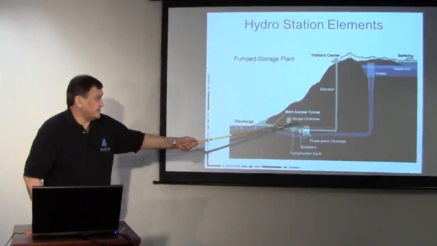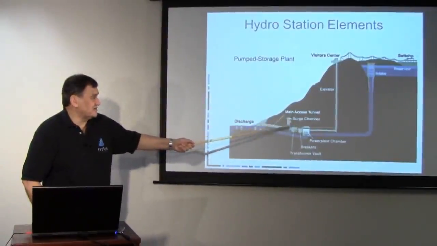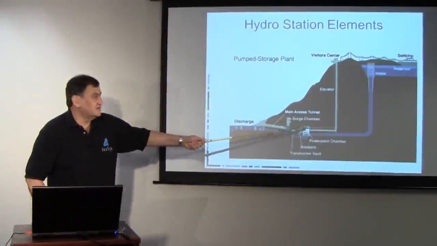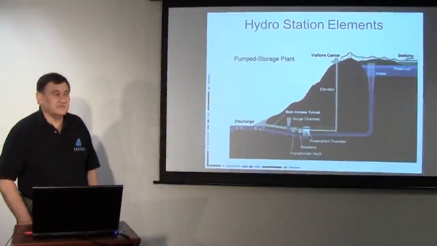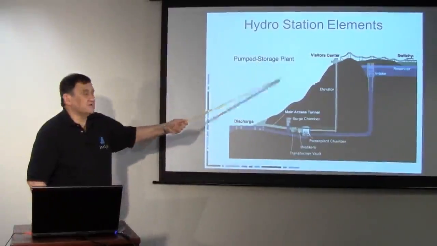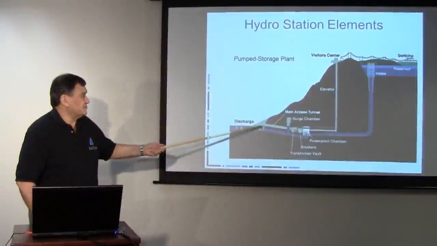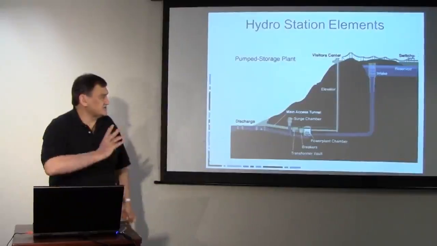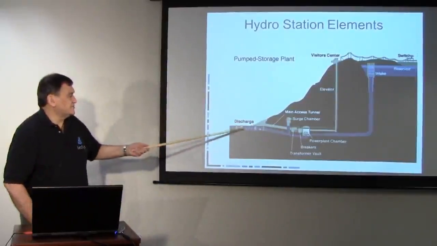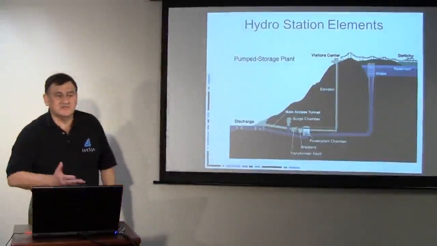In this particular case, this is something rather unusual. The surge chamber is actually on the downstream side of the reservoir. That's basically because this system can also act as a pump storage plant. So in a pump storage mode, the turbine is reversed and is actually pumping the water from the discharge area back up to the reservoir so it can be used the next day.